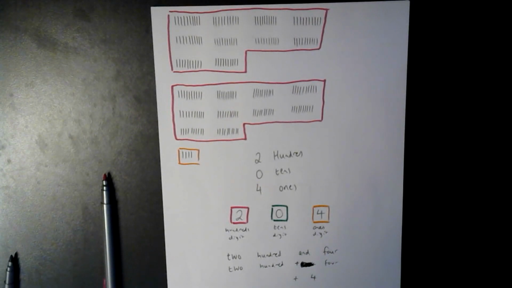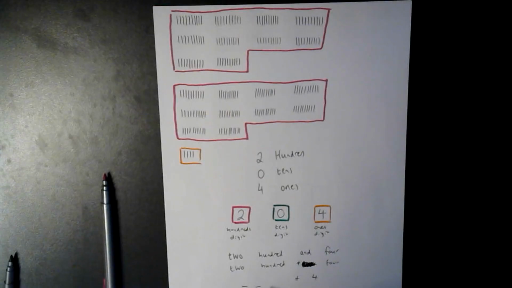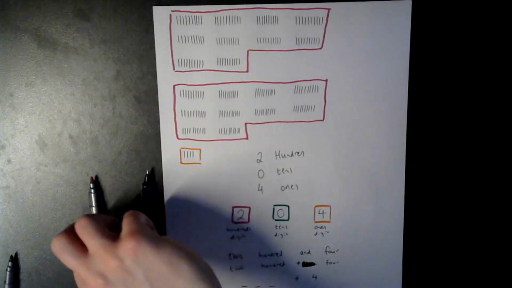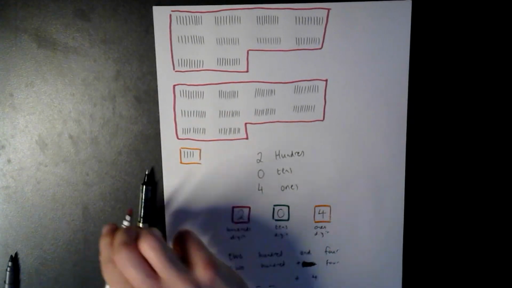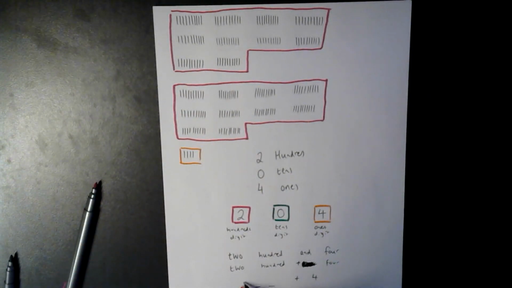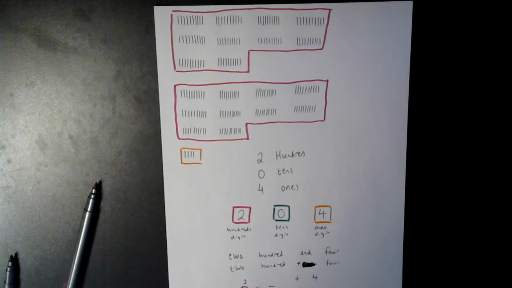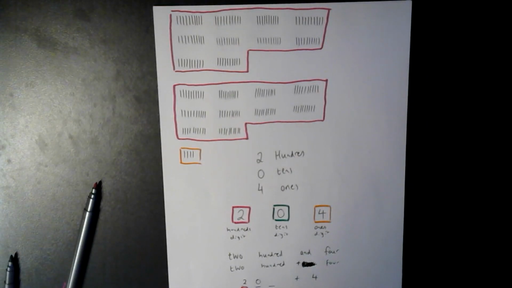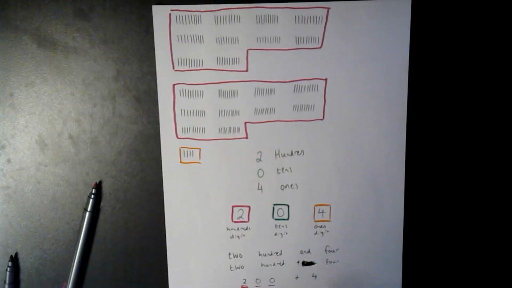And if we wanted to write the number 200 in place value, the hundreds digit, the pink one here, would be 2. The tens digit would be 0 because it's just 200, and similarly the ones digit would be 0.